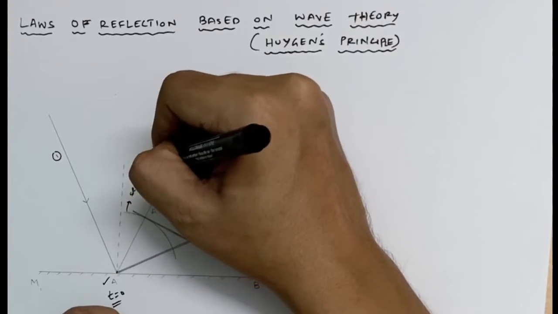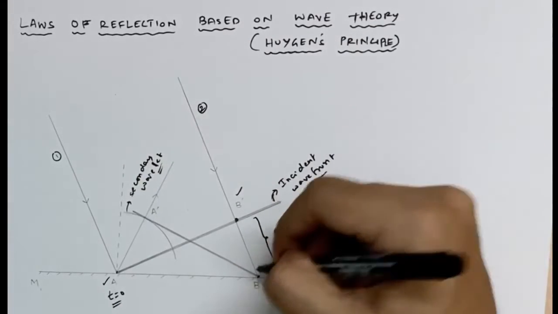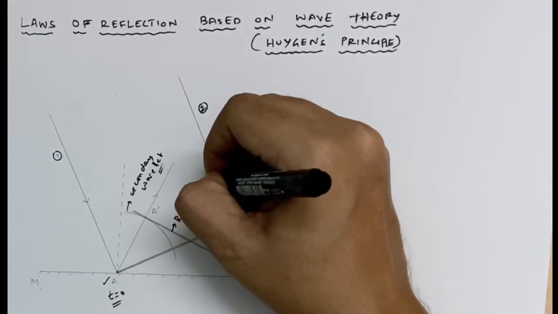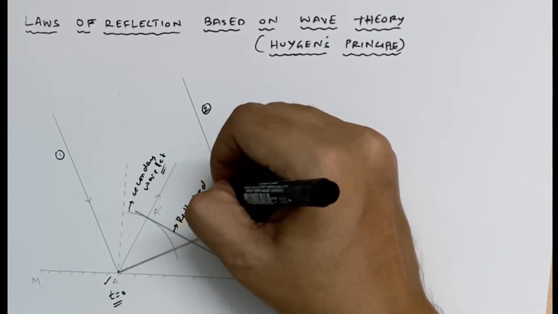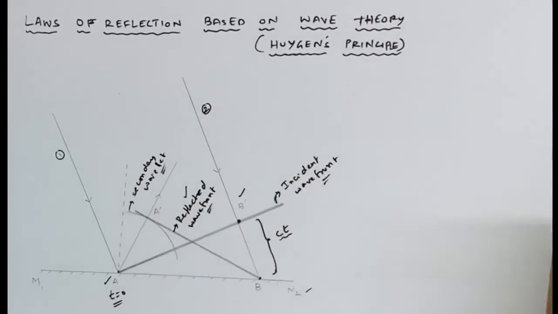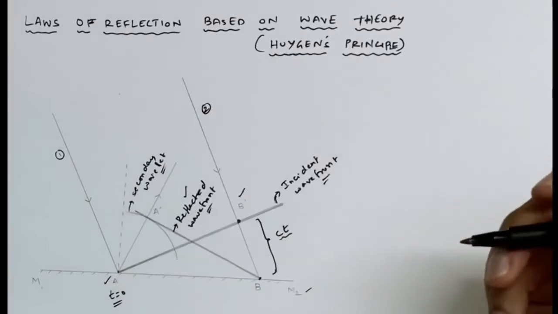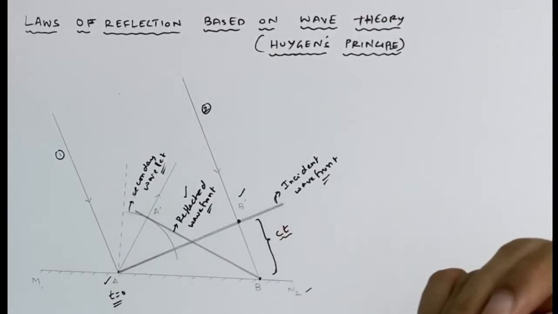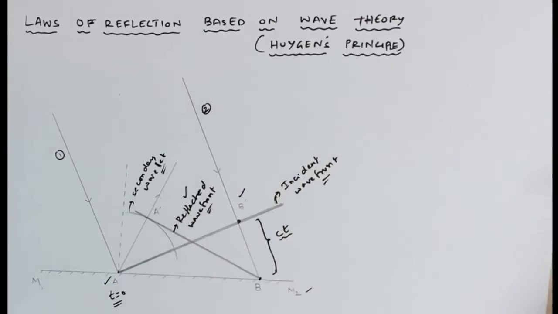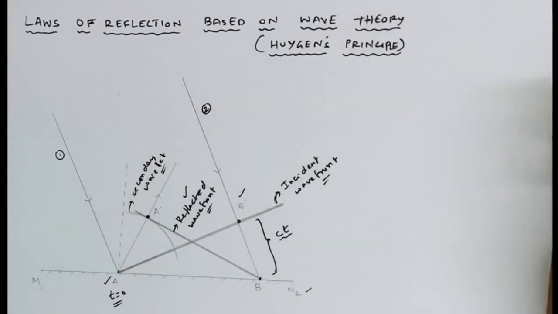There is a secondary wavelet. If we draw a tangent to the secondary wavelet, this gives us the reflected wavefront, because the tangential surface to the wavelet gives us the wavefront. The tangent drawn from the second point of incidence to this secondary wavelet, which is generated by the source at point A, gives us the reflected wavefront.